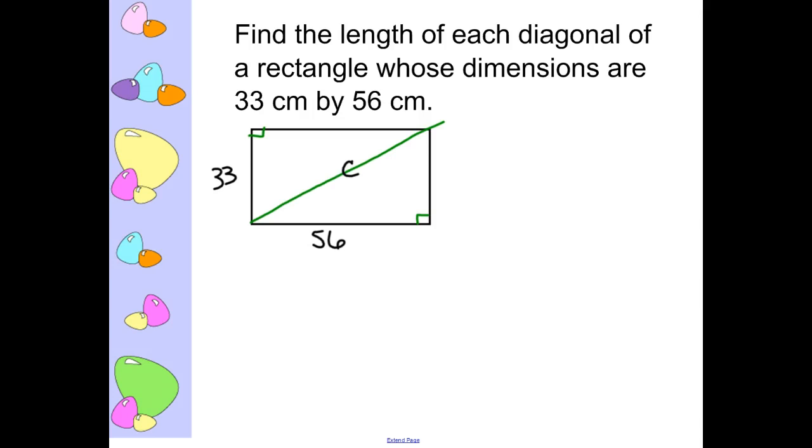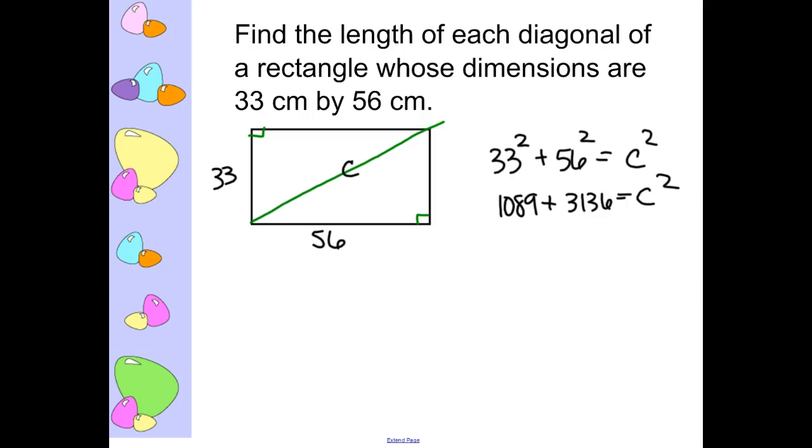Let's plug those numbers in where they belong. You may need to get page 681 out so you can have some help finding those perfect squares, page 681 in the back of your book, our new best friend. So we've got 33 squared plus 56 squared equals C squared. If you look in your chart, 33 squared is 1089, and 56 squared is 3136, equals C squared.